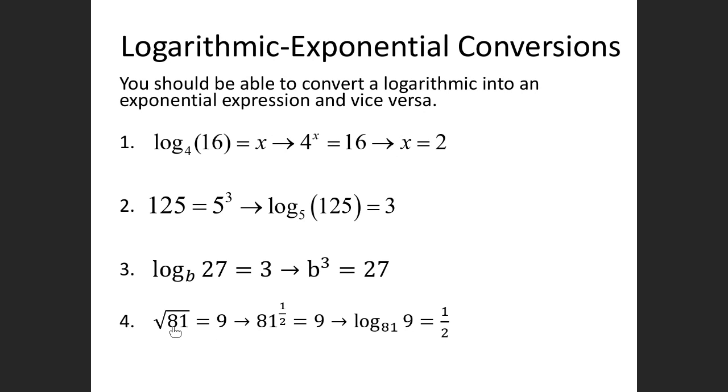So converting the square root of 81 equals 9 into log form is log of base 81, input 9, equals 1/2. Very useful tools to learn and know how to convert from logarithmic to exponential, and vice versa, exponential to logarithmic.